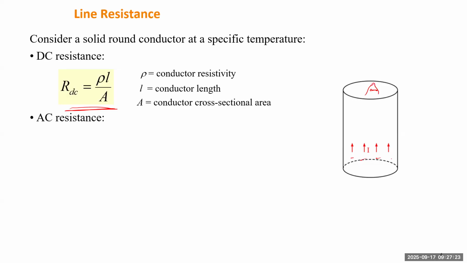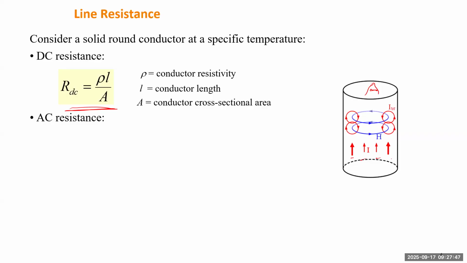But when we come to an alternating current system, the resistance will be very similar, but slightly higher. The reason is when the current is alternating, the current will generate a magnetic field indicated by H. H is the intensity of the magnetic field.